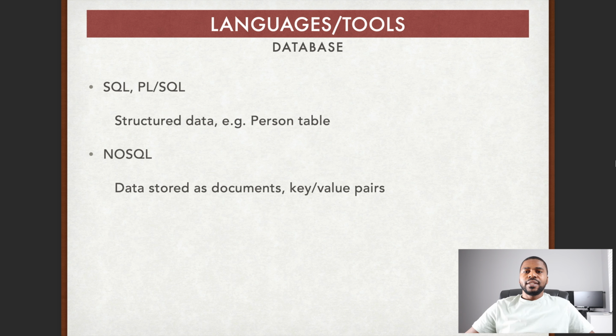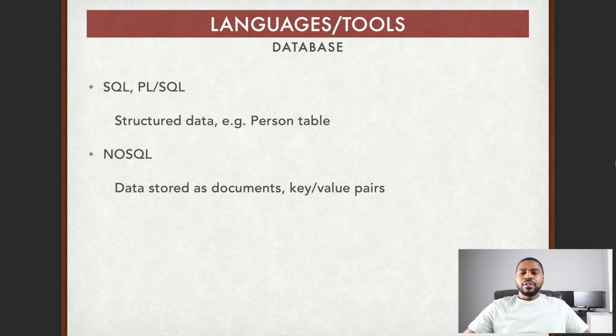On the database side, you have SQL, which is the structured query language, which is a way of structuring your data and organizing it into tables. For example, you might have a person table with a first name column, last name column, and a date of birth column.